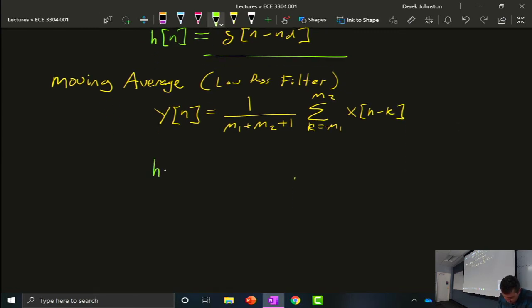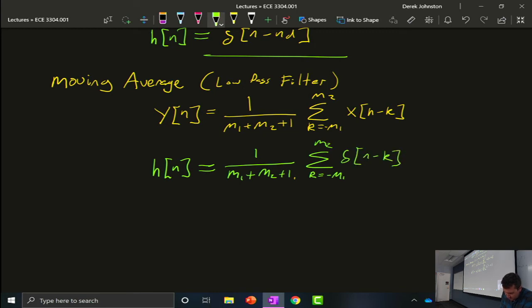So now, what is our h of n? The same thing, but instead of x, delta. You're absolutely right. Let me finish writing this: the sum from negative m1 to m2 of delta of n minus k.